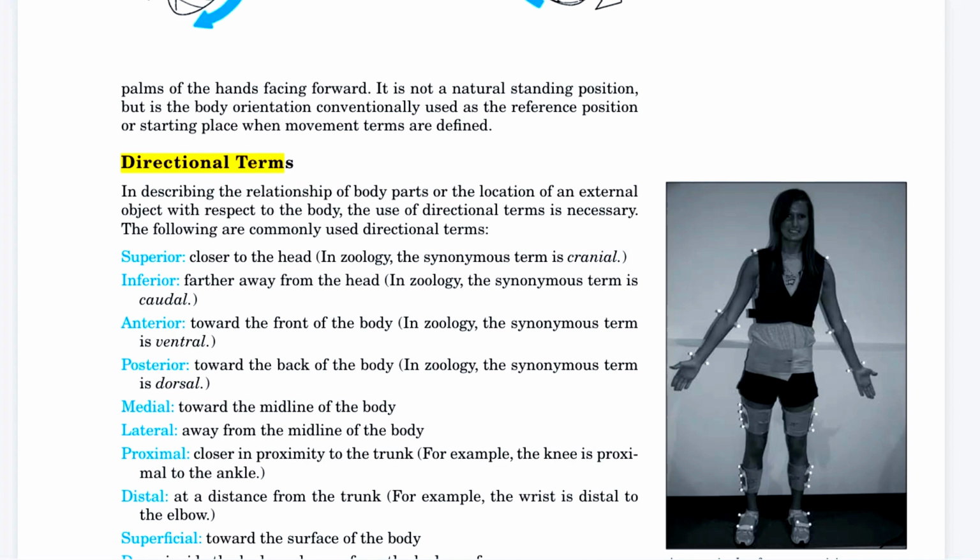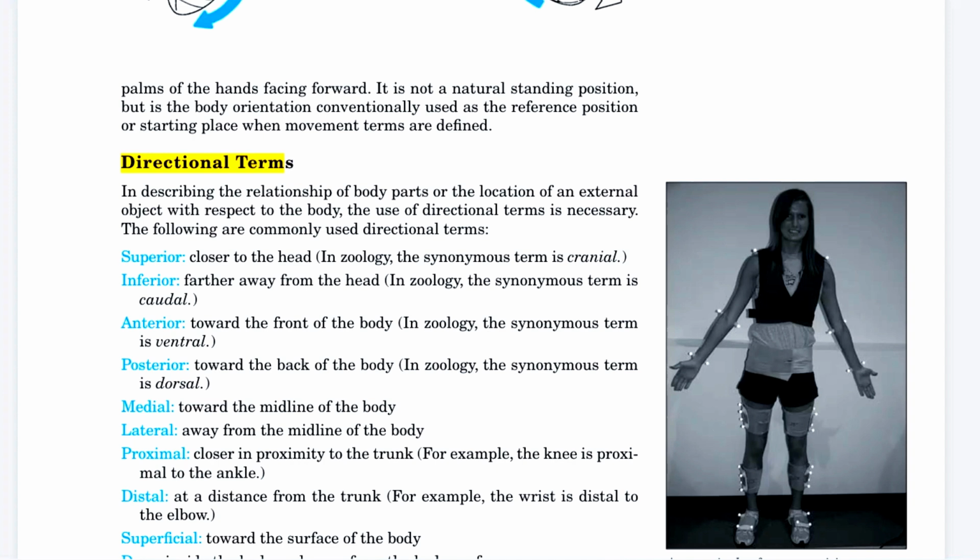These terms are especially useful for medical professionals when giving instructions or making clinical assessments, and also when discussing the patient's movements.